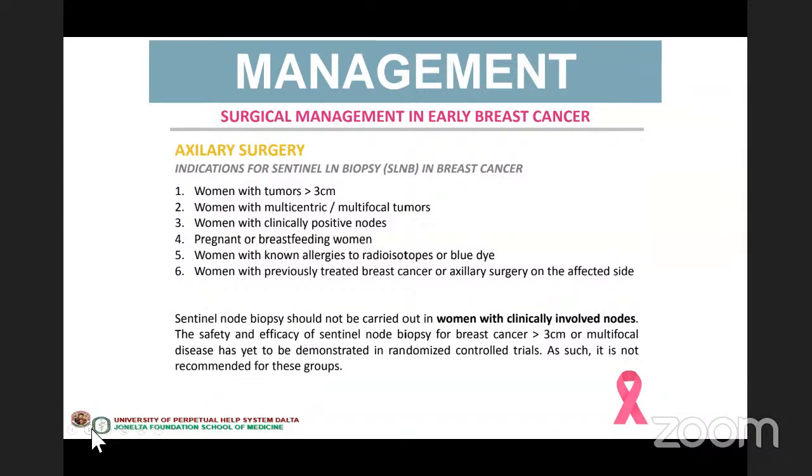So these are indications for your axillary surgery. If your tumor is more than 3 centimeters, women with multicentric multifocal tumors, clinically positive nodes, pregnant or breastfeeding, known allergies, women with previously treated breast cancer.